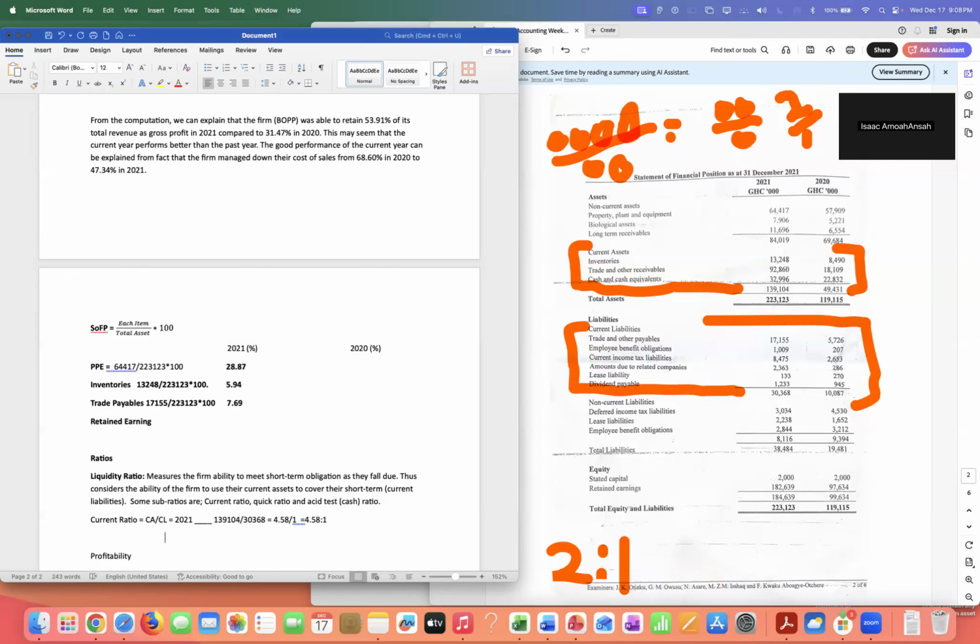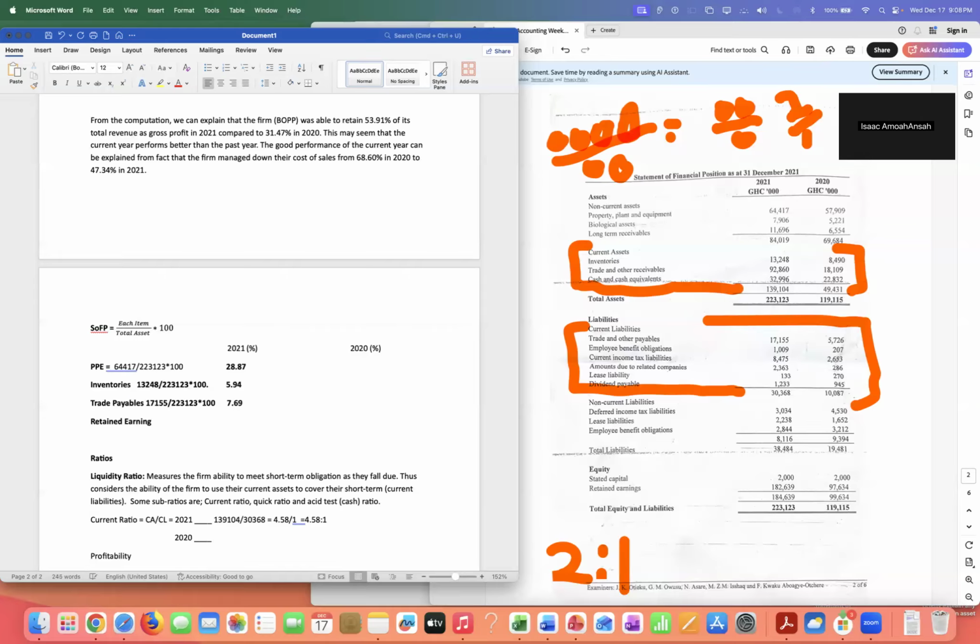If they owe 1 cedi, they can pay it 5 times, meaning when they pay for 1, they will be left with some surplus. For those who do not want to do a very extensive analysis, the firm is able to meet their short-term obligation with 4 cedis, 58 pesewas.